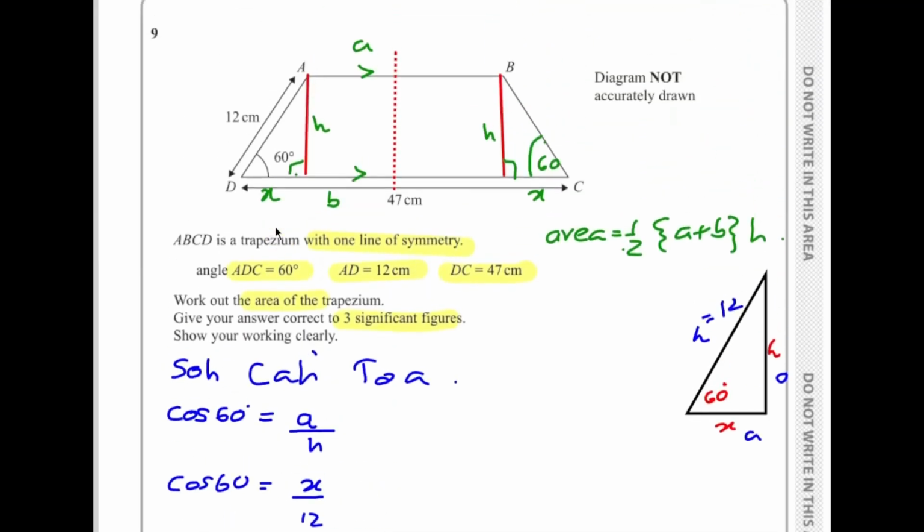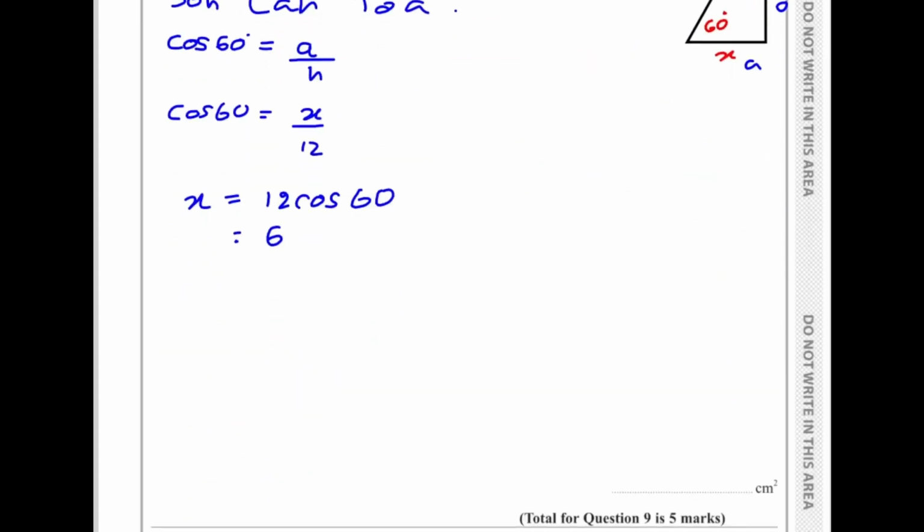So let's write here the value of x, which is 6. Since this is 6, this is 6. So together they are 12. Then 47 minus 12, we can get what AB is. So let's get what AB is then.